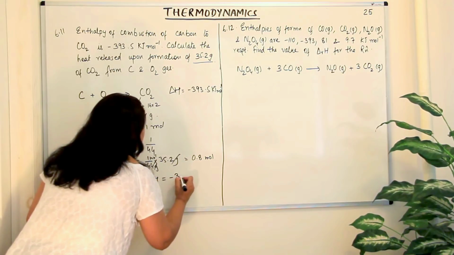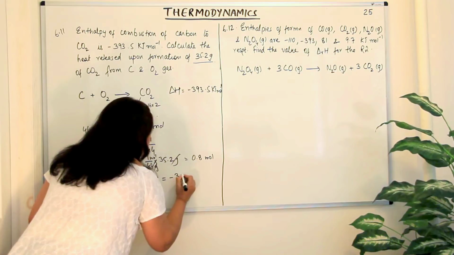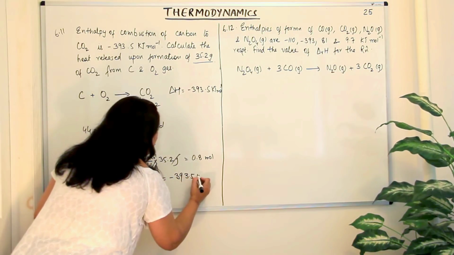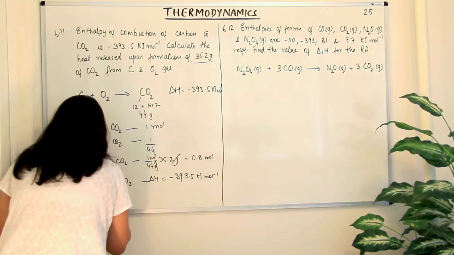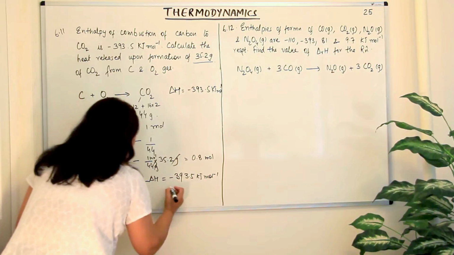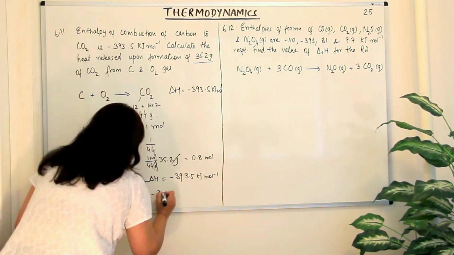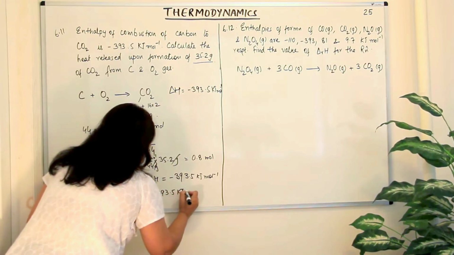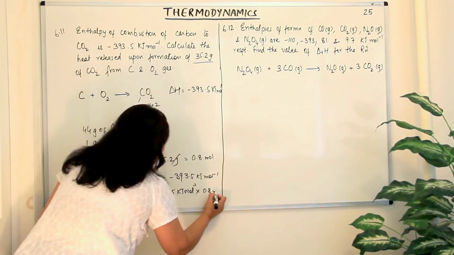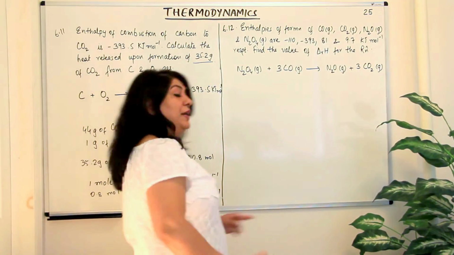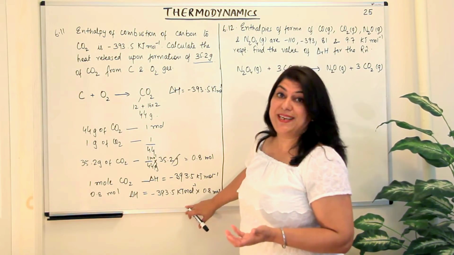It is minus 393.5 kilojoules per mole. So for 0.8 mole, how much would it be? Delta H would be equal to minus 393.5 kilojoules per mole into 0.8 mole, right? For 1 mole, it is this much. For 0.8 mole, it will be into 0.8.